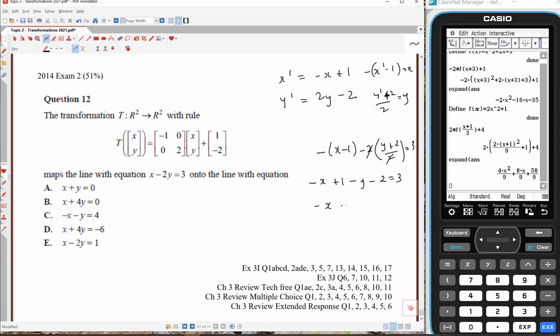Negative x take y equals 0. What's going on here? Negative x take y plus 1 take 2. Oh, God. Right, so take 1 equals 3. Add 1 to both sides. Negative x take y equals 4. Okay, so lucky that one wasn't there, because otherwise I would have chosen it, because I backed myself.